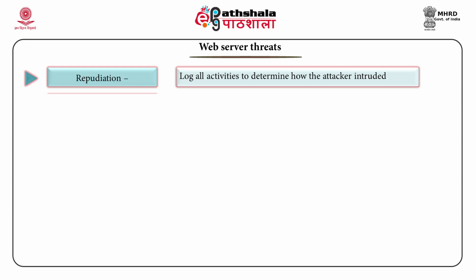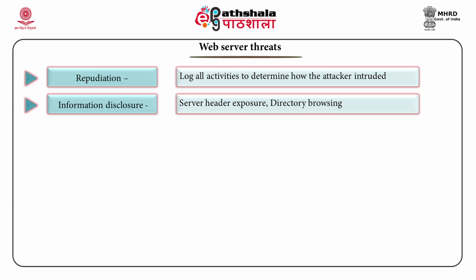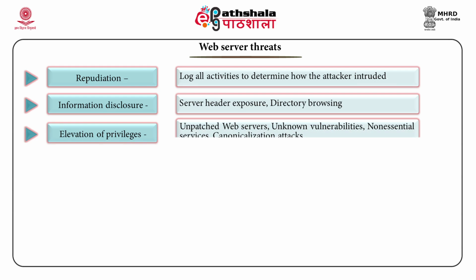The second is information disclosure: server header exposure and directory browsing. Third is elevation of privileges, in which unpatched web servers, unknown vulnerabilities, non-essential services and canonicalization attacks are taken care of.